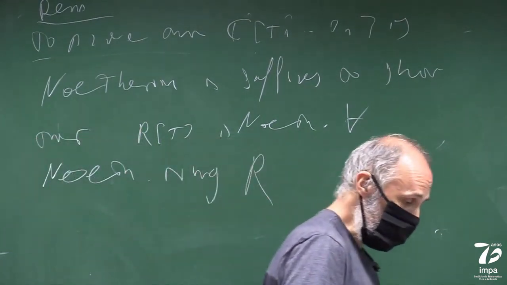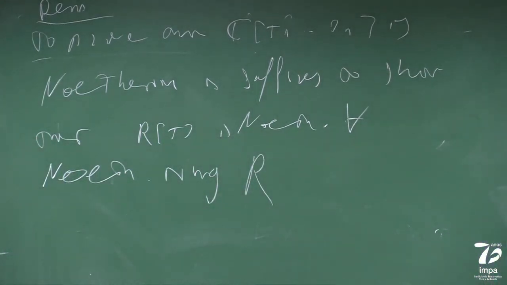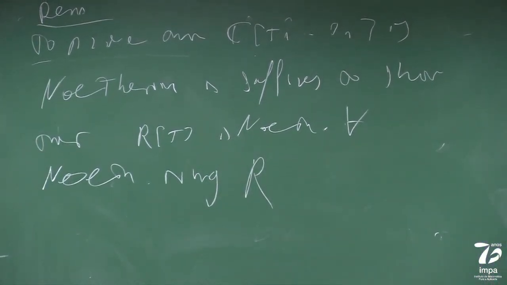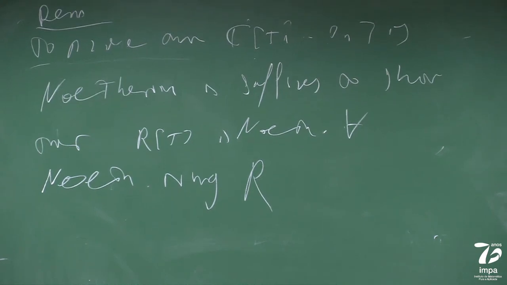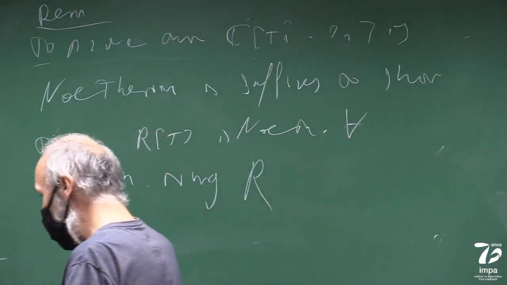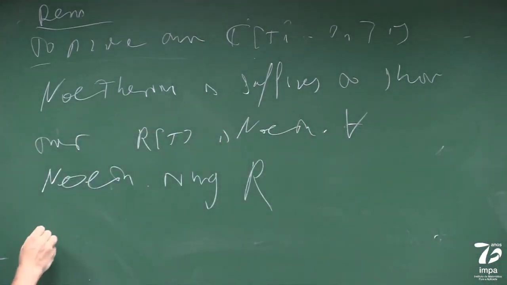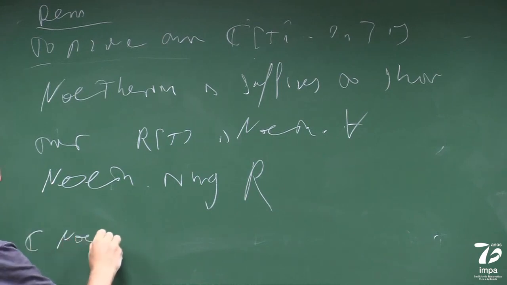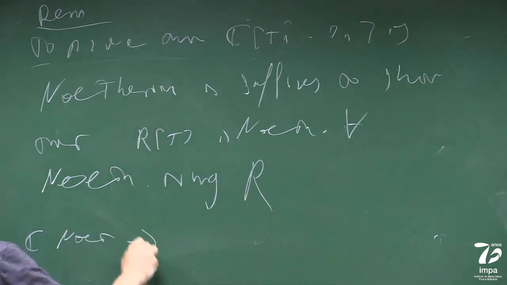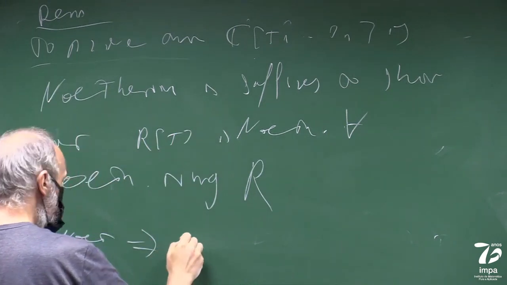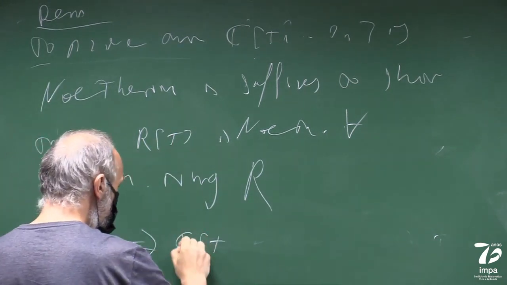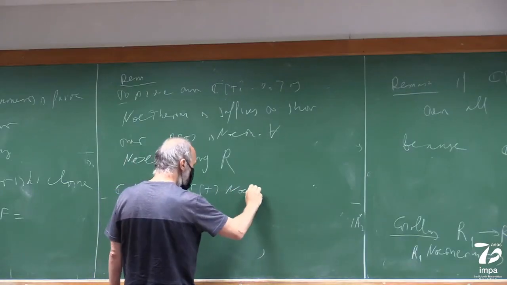Then you can use induction. The base field is clearly Noetherian. There are no ideals. And then you just add t one by one. And so you have C Noetherian. By this implication, C of t is Noetherian.